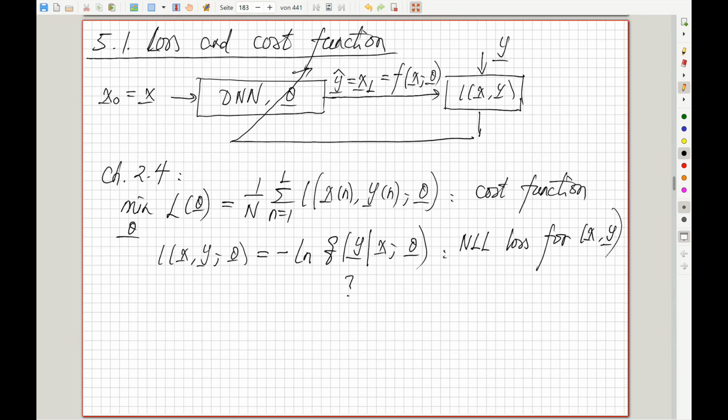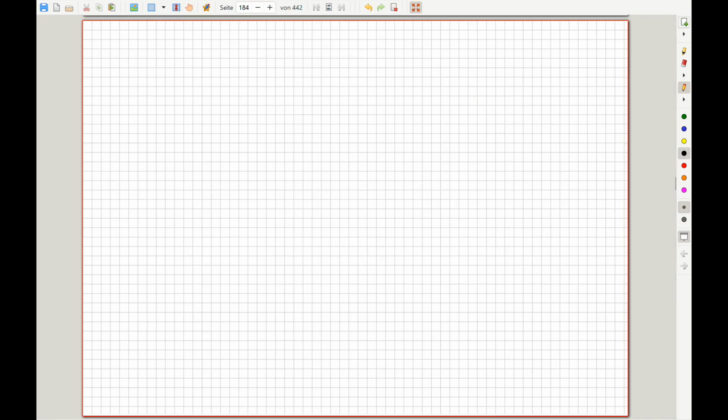So that's the reason we can only discuss the second part of the loss calculation now in chapter number 5. We first start with the simple application, the regression problem, and then continue with the classification problem.